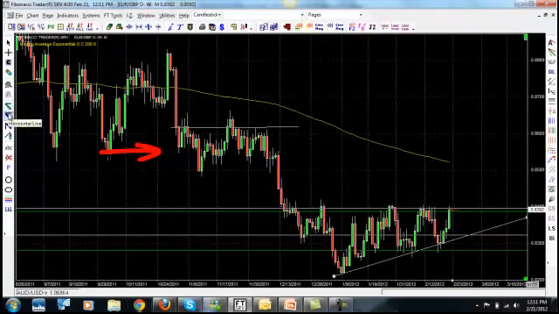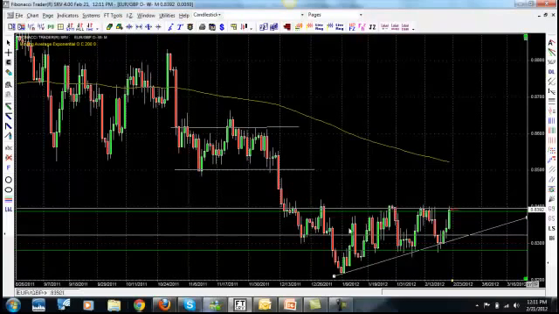Not all the ranges are going to be perfect, but you can see that for the most part price is boom, boom, boom. Then it broke out down into another range. 80% of the time, a currency pair will trade within a range. So our goal is to trade these ranges.